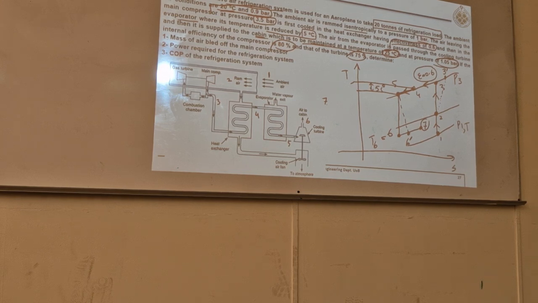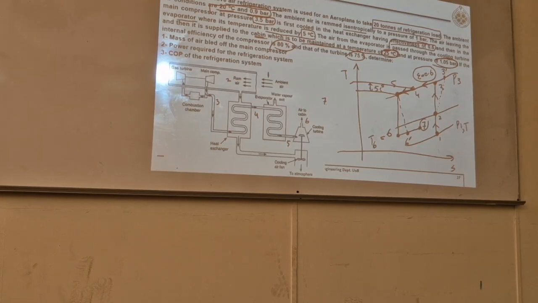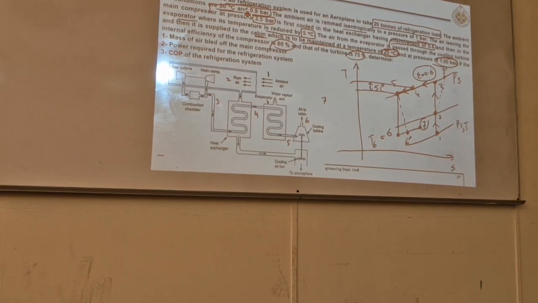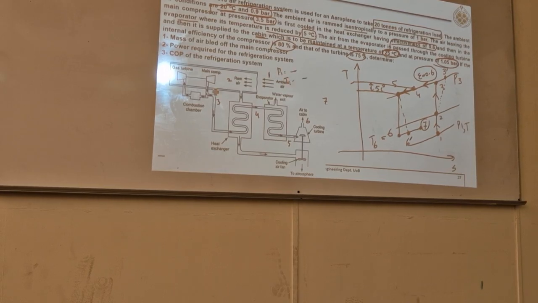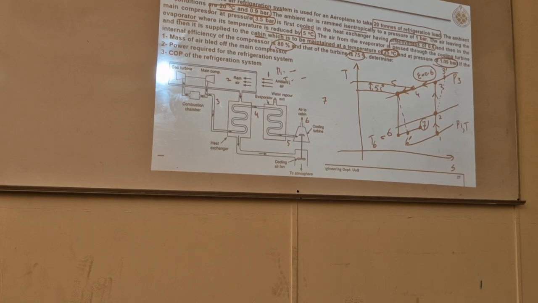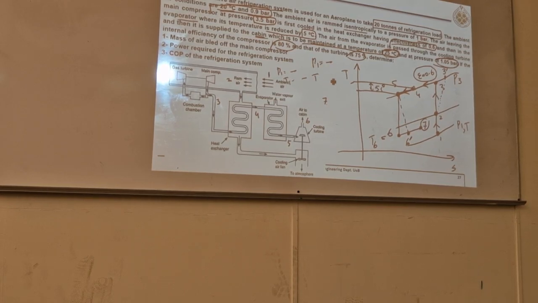Now finally the description of the problem is completed. So better in the exam to show all these values right here, P1 this much, T1 this much, whatever is given, write it here. Or separately, it's up to you.